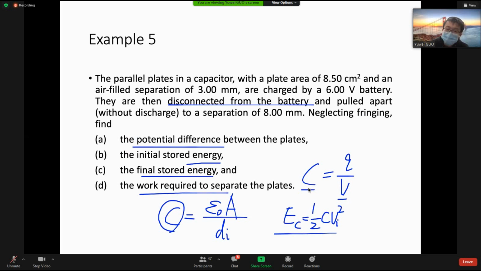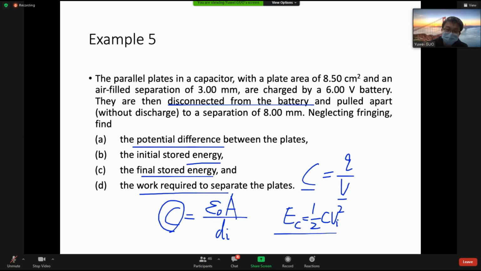Because the capacitance can be expressed by the charge and the potential, right? And the capacitance can also be expressed as epsilon times the area over the distance.